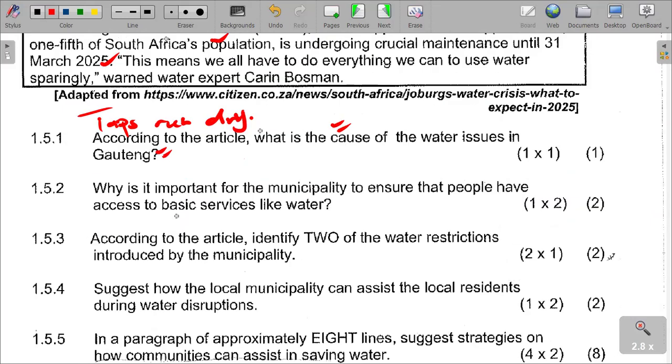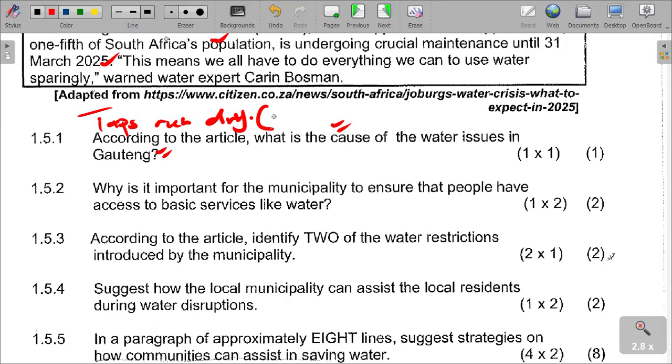Why is it important for municipalities to ensure that people have access to basic services like water? Before we go there, we are saying taps are running dry. What is causing that?